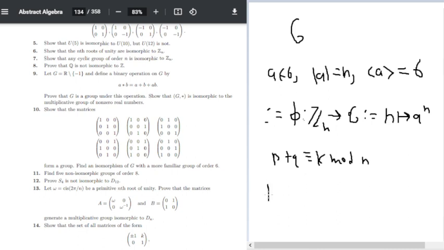So we have that p plus q minus k is equal to cn. So we have that p plus q is equal to cn plus k.